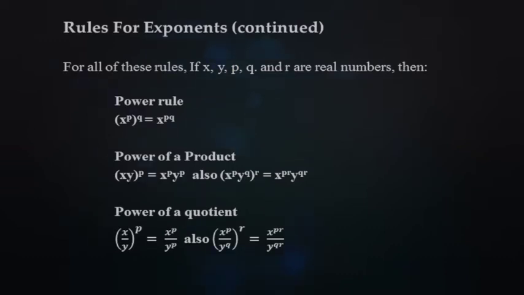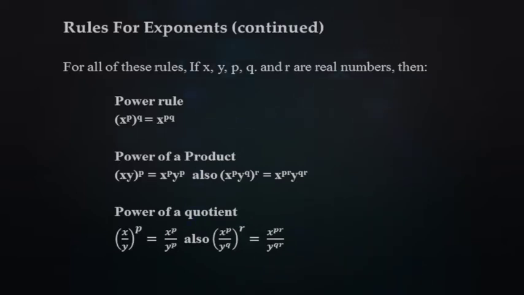It would become x to the p times y to the p. And also, if it's more complicated, if we already have x to the p, y to the q inside parentheses and raise all of that to the r power, the r gets distributed to the p and then to the q, and we're left with an answer that looks like x to the pr times y to the qr.